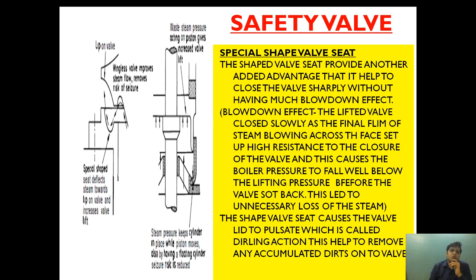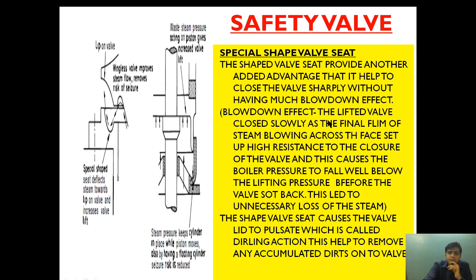If someone asks you what is the blowdown effect of a safety valve, the answer should be that when the valve is closing, a small amount of steam film continuously flows, which prevents the valve from sitting back. That increases the time of closure of the valve and hence causes loss of steam. This is prevented by the specially shaped valve seat.